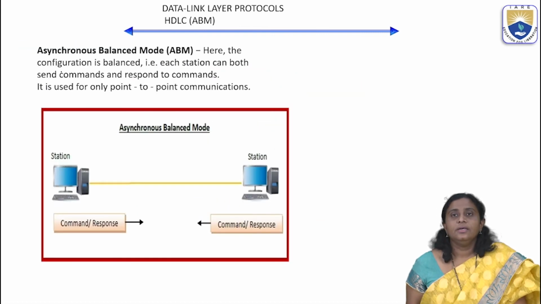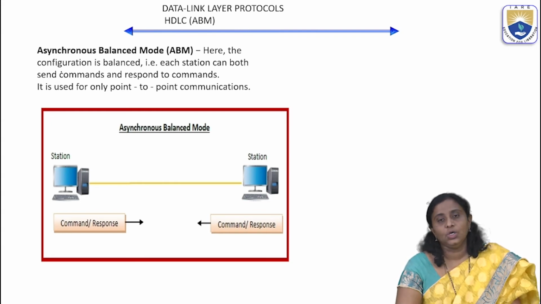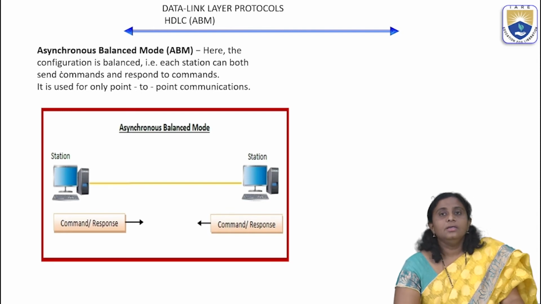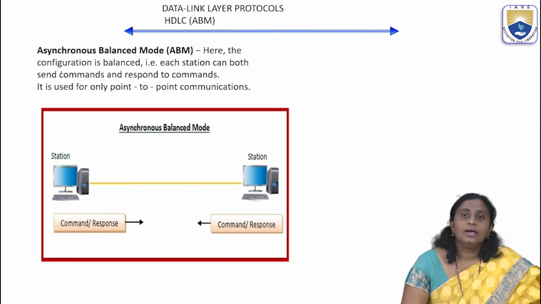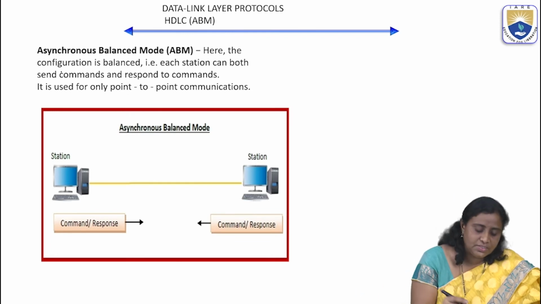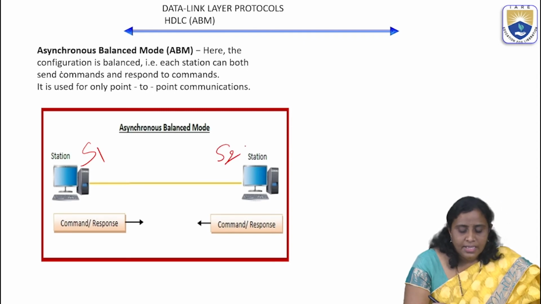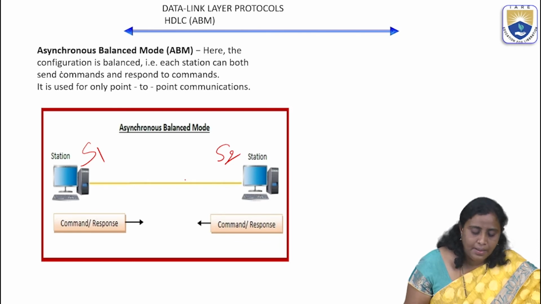Coming to the second HDLC transfer mode, it is the asynchronous balanced mode, ABM. Here the configuration is balanced: each station consists of two types of commands and two types of responses. The first one is station 1 and the second one is station 2. Here each station can both send commands and respond to commands in a parallel way.